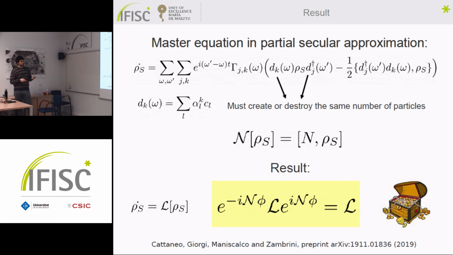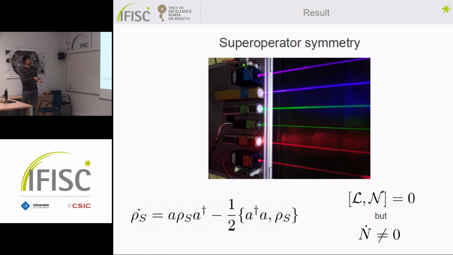And okay, again, what does it mean that we have a symmetry on the superoperator level? Because, I mean, literally, what does it mean in our system? For instance, we can take a very common system that a lot of you study here at IFISC, a laser. We know that a laser is basically one mode of the field.